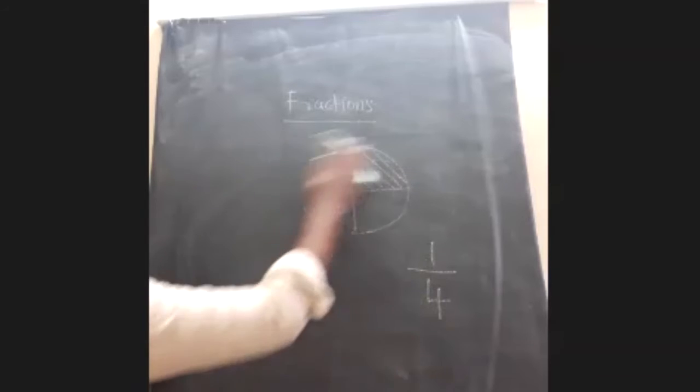Now let's discuss some questions from our book. Before, last week, I covered types of numbers and some examples based on that. And now we have discussed fractions and types of fractions, and examples for each type of fraction. Now I want to ask you a few questions.